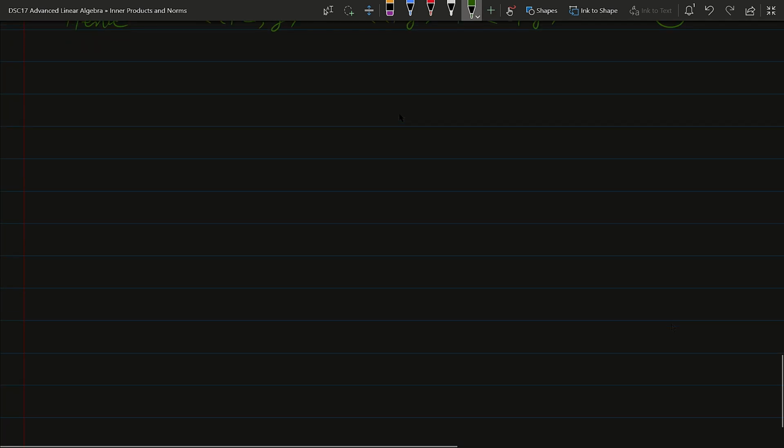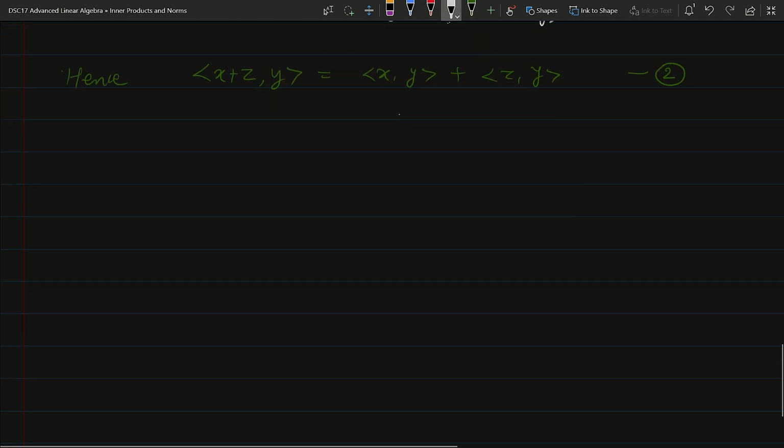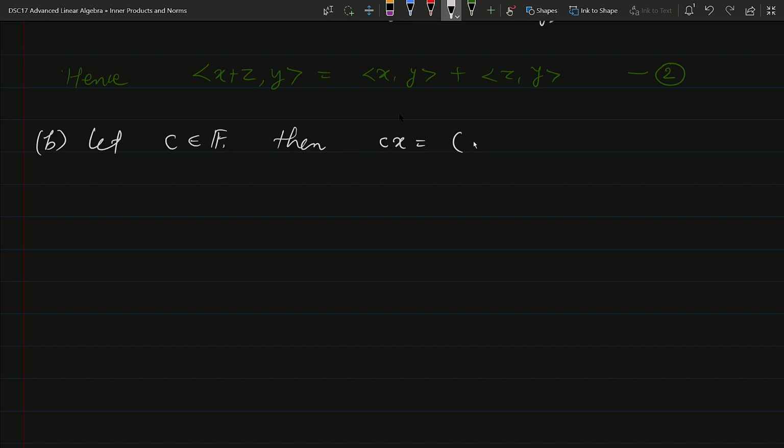Okay, now come to the second one, b, and for that we need to assume some scalar. Let c be any scalar in F. Then what will be c times x? This is nothing but c times a1, c times a2, and so on, c times an, right? Then what can you say about the defined function c times x comma y?